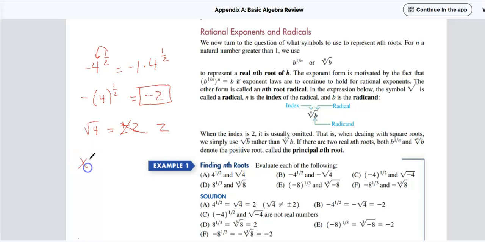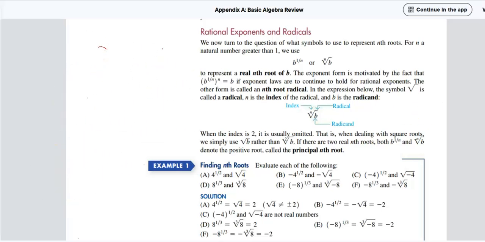Well, because it's not an equation. If I had x squared equals 4, and then I square root both sides, now I have an equation, and x equals plus or minus 2. So when we don't have an equal sign, and we're just taking the square root of 4, it's just 2. There is no plus or minus without an equal sign.